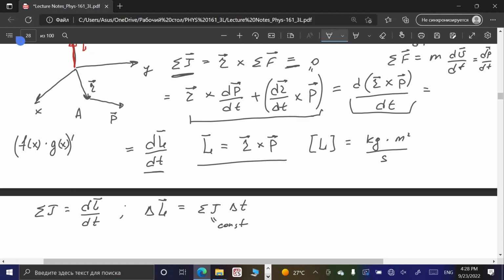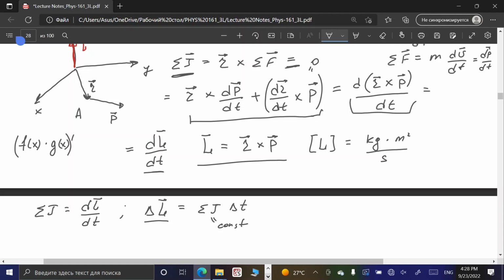So in analogy with the definition of change of linear momentum vector, we have shown that it's equal to the impulse of force, which is the product of force exerted on the body times the time interval during which this force was acting on the body. So in this case, the change of angular momentum vector is equal to the angular impulse of net torque.